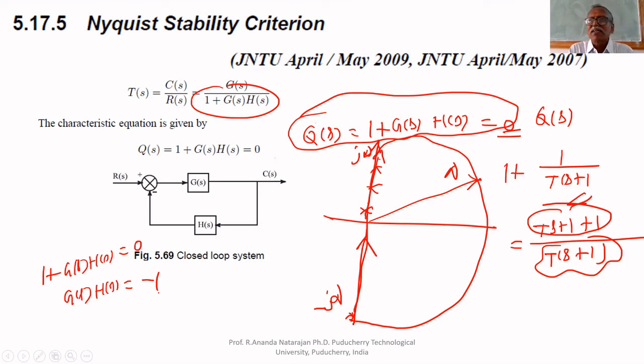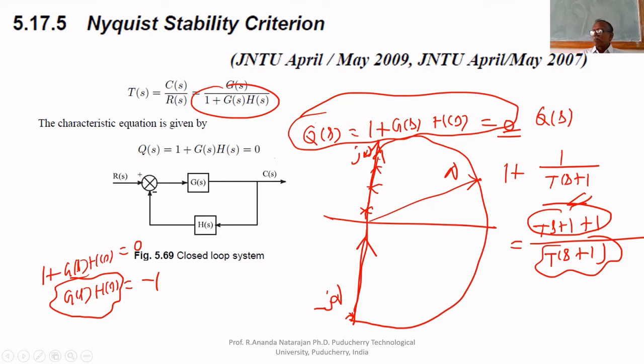That's why we have to check whether it encloses minus 1 or not, not 0. So if you check G of S, H of S, it should not encircle minus 1. That is the Nyquist stability criterion.